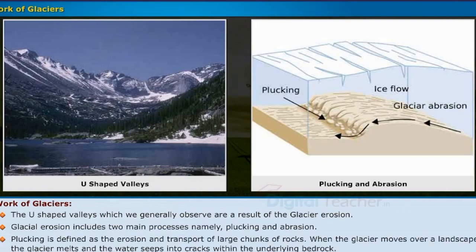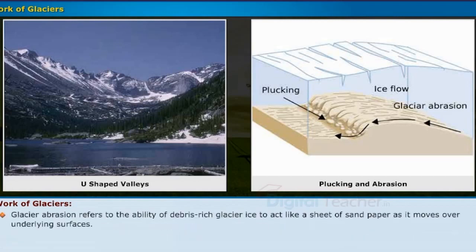When the glacier moves over a landscape, the glacier melts and the water seeps into cracks within the underlying bedrock. Glacier abrasion refers to the ability of debris-rich glacier ice to act like a sheet of sandpaper as it moves over underlying surfaces.